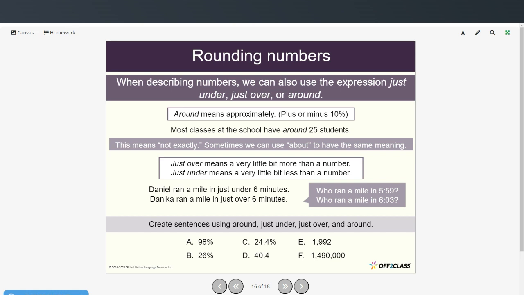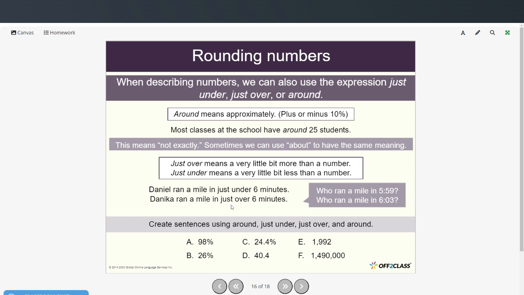Just over means a little bit more than a number, and just under means a very little bit less than a number. So Daniel ran a mile in just under 6 minutes. So he would have run the mile in 5 minutes 59 seconds.